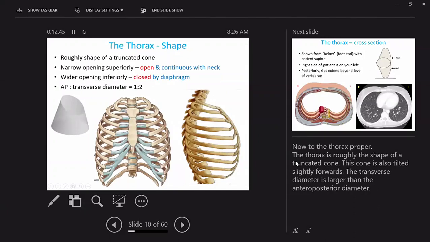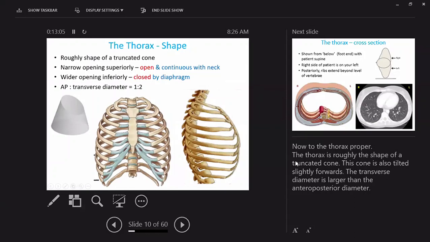Now, the other thing you should remember is this diameter. If you look at it from the side, your thoracic cage is flattened antero-posteriorly. Antero-posterior flattening. So it's not really like a barrel. So basically, if you took this cone and you squashed it front to back, that is the shape you are going to get.